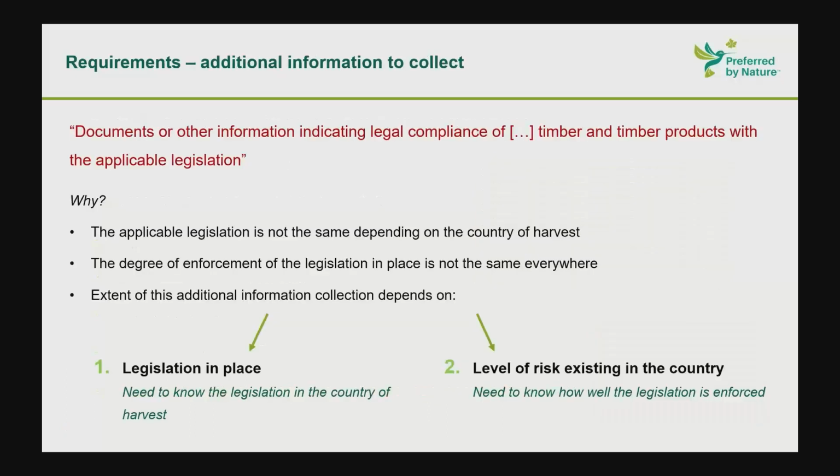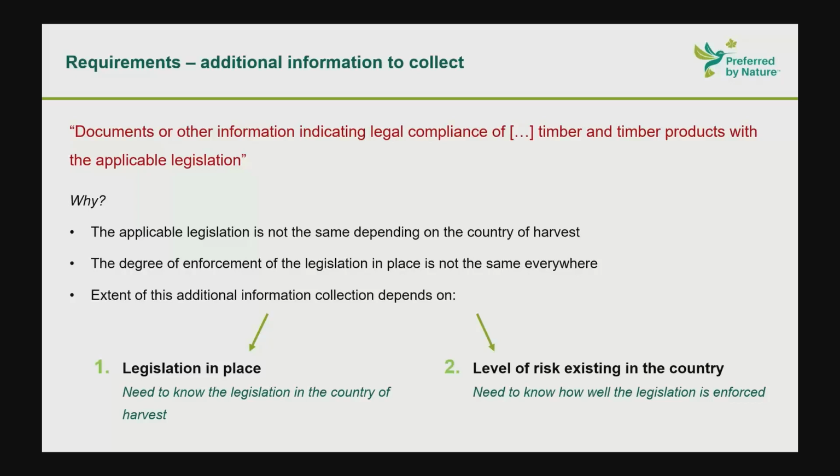Now, why is that? Well, because the applicable legislation is not the same depending on the country of harvest, right? So depending on which country the timber is coming from, the legislation is not the same for a start. And also the degree of enforcement of this legislation, so the risk that it is not properly enforced, is also not the same everywhere, right?